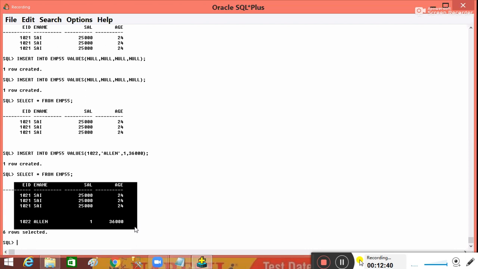That means restrictions on duplicates, restrictions on nulls, and restrictions on invalid data. Whenever a user tries to insert invalid data, that invalid data is also not allowed into your table. So these kinds of things have to be restricted.